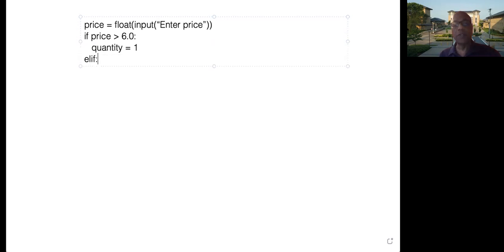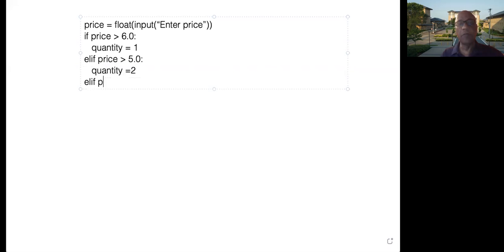What it means is, if price is greater than 6, you will hit this. Otherwise, you can check another condition. If price is greater than 5.0, quantity equals 2.